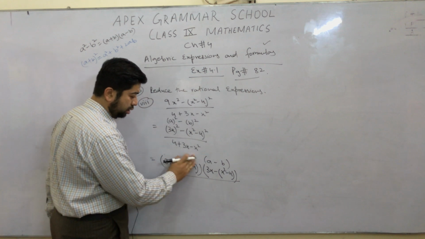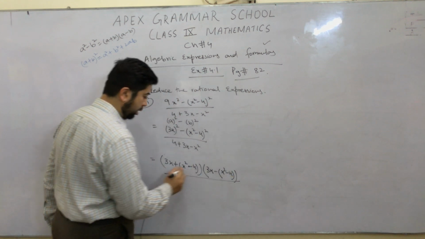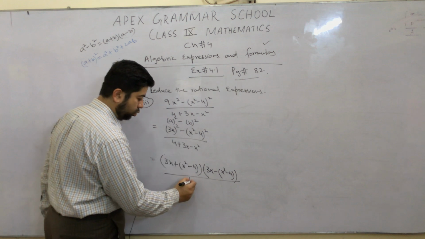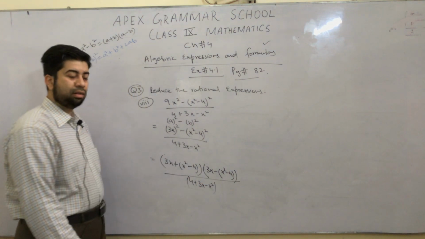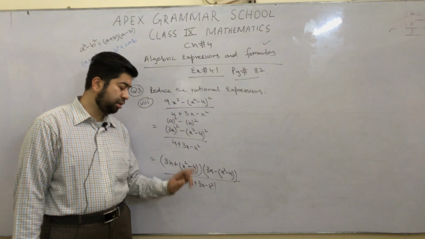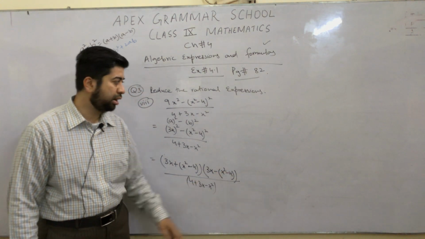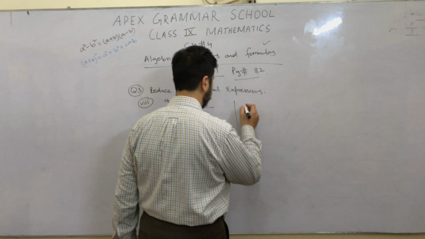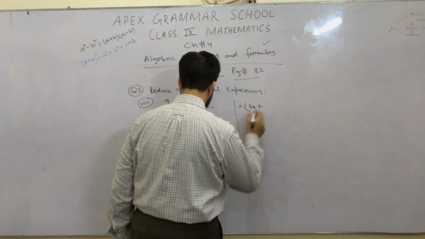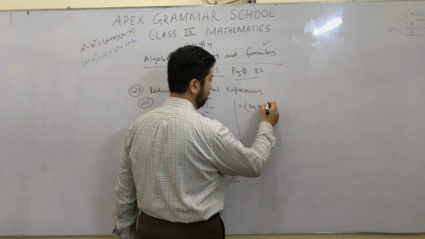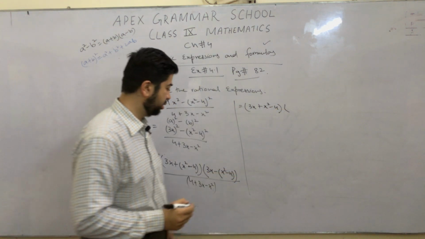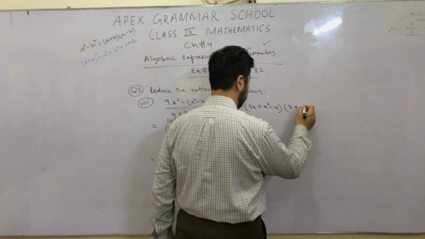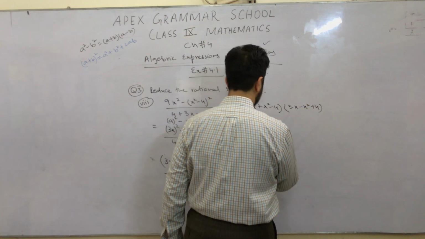And in the denominator, 4 plus 3x minus x square. Just apply the plus sign and multiply, and the minus sign and multiply, and after that 3x plus x square minus 4, and for the minus sign, multiply: 3x minus x square plus 4.